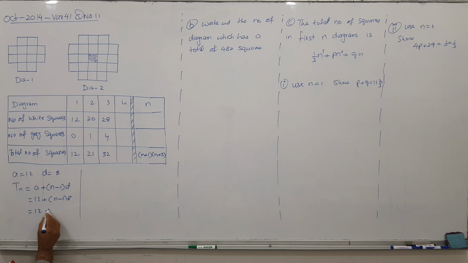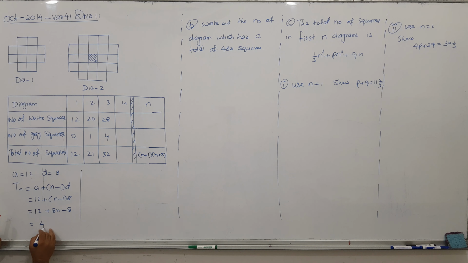So 8 times N and 8 times minus 1 is minus 8. We got 4 plus 8N, and this is our nth term. So the nth term for this is 4 plus 8N. And I'm looking for N equals 4, so put 4: 32 plus 4 is 36. So we have an answer.